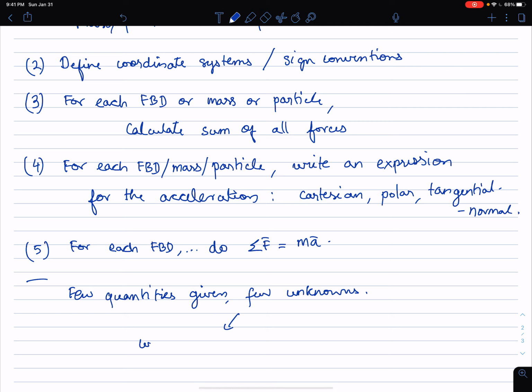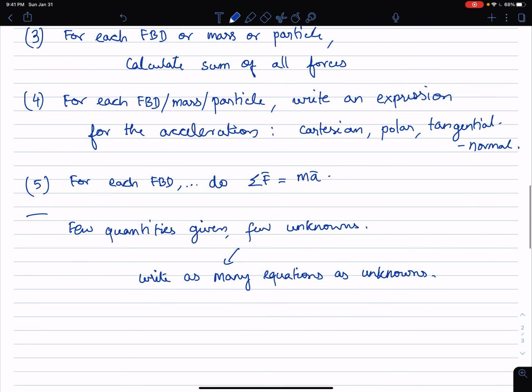Eventually write as many equations as unknowns, and then solve. Okay, so that's the general procedure.